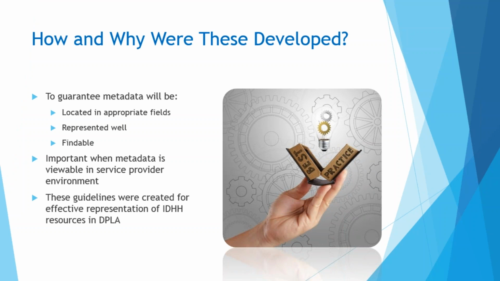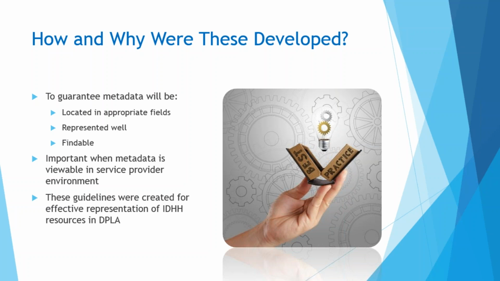Metadata guidelines are needed to ensure that the metadata is interoperable amongst multiple platforms. This allows for the metadata to be located in the most appropriate field. It guarantees that it will be represented well and ultimately enables your resources to be discoverable, which is the ultimate goal of these best practices.